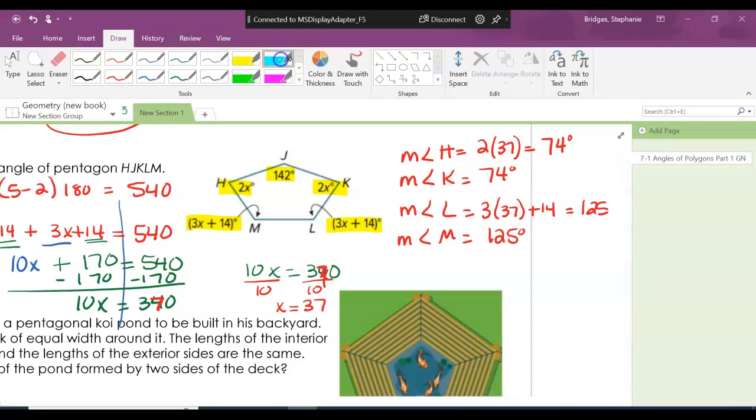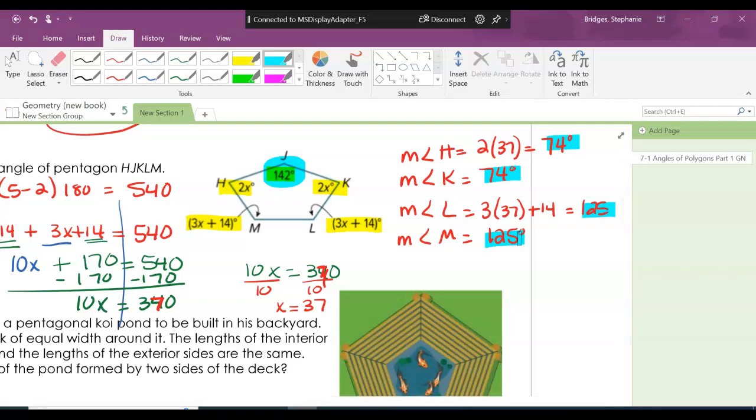So what I want you to do is let's just double check. Take your angles: the 142, 74, 74, 125, 125. Add all of those together and let's make sure we get 540. Let's just make sure we did this right. If you do not get 540, we did something wrong.